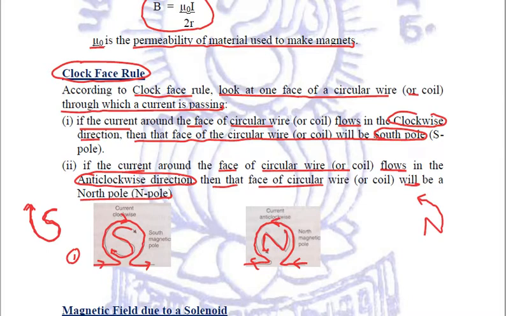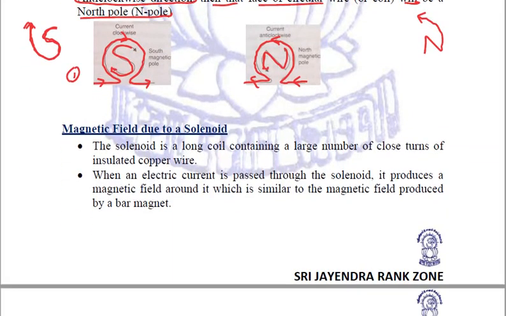Now comes quite important, that is a solenoid. The magnetic field due to a solenoid. This is quite important. Please focus. Now what exactly is a solenoid? The solenoid is a long coil containing a large number of closed turns of insulated copper wire.